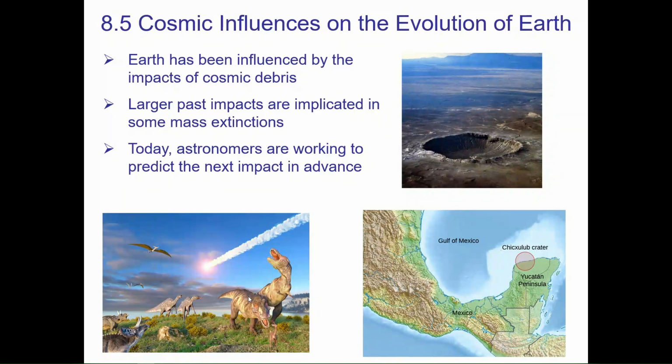And second, the debris, or the dust, coming from the impact will cover the sky, which will block a lot of sunlight for a very long time. You can know a lot of living things on Earth depend on sunlight. So that's another reason there was a mass extinction due to the big impact 65 million years ago.